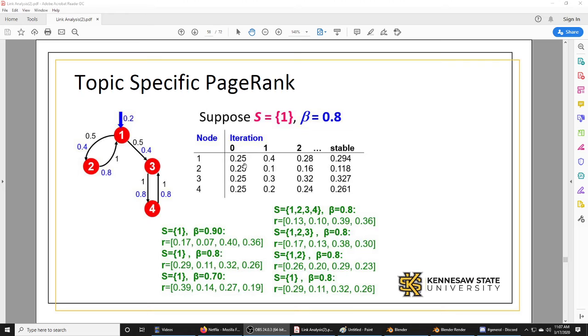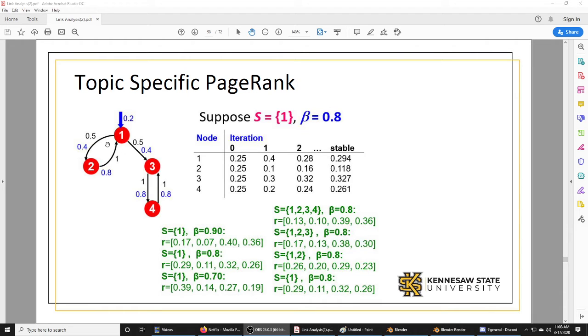So after our first iteration, with beta being 0.8 and our set being 1, we're going to have our rank for page 1 be 0.4, 0.1, 0.3, 0.2, so on and so forth. Now our stable ranks are 0.294, 0.118, 0.327, 0.261.